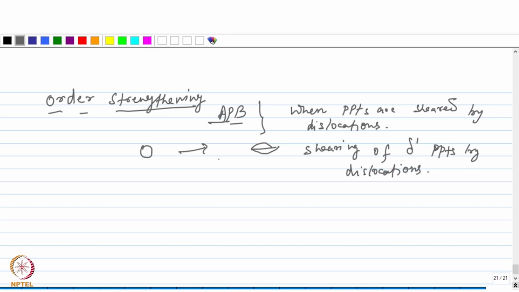the dislocations will tend to move only along these planes where this shearing can easily take place, right? And as a result of that, the deformation will be localized. And this will reduce the strain to fracture.